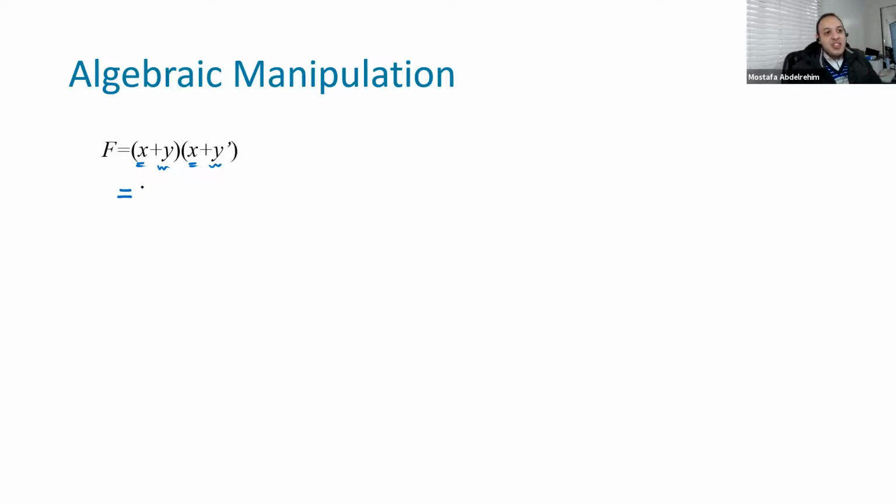So you can say that this originally was x or, and y or y bar, because from this we can go to this, we can just distribute x over y.